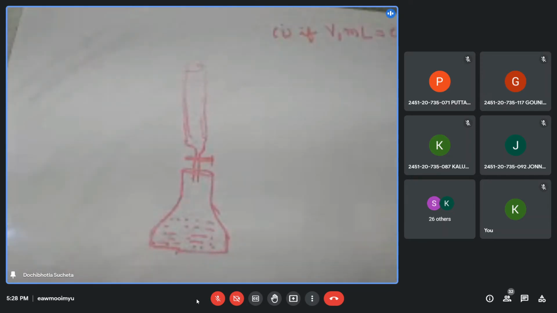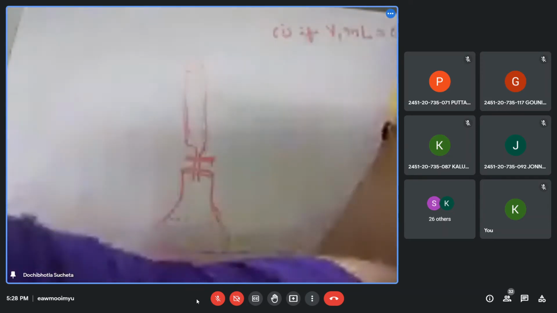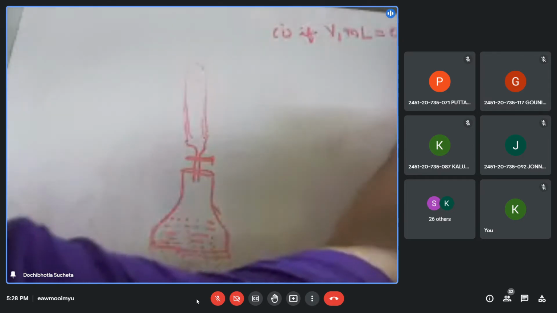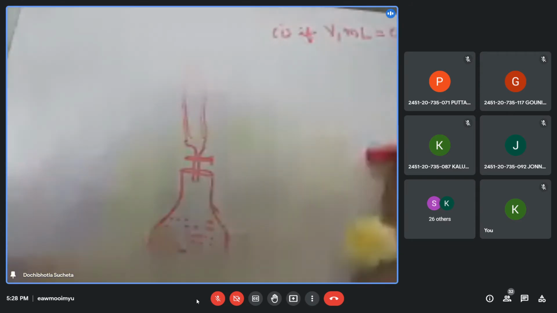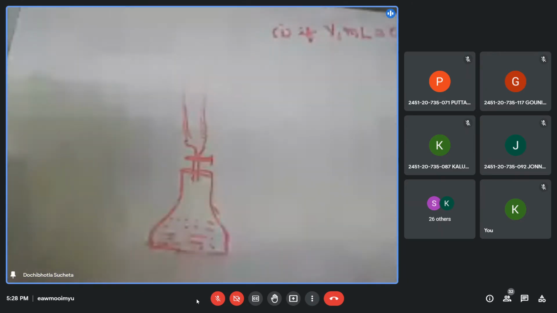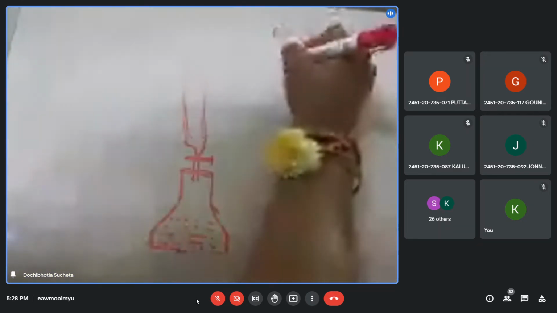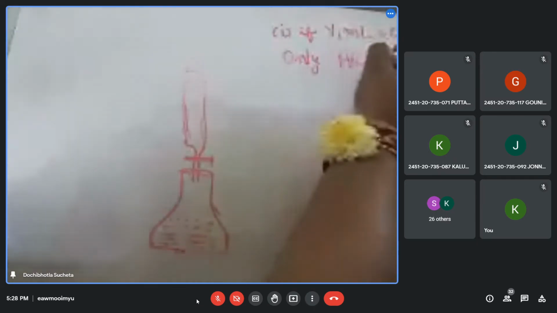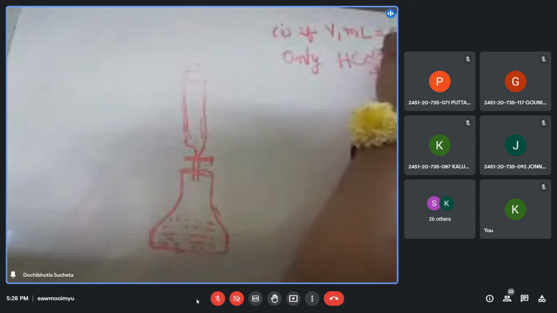If V1 ml is equal to 0, then phenolphthalein is also 0 because phenolphthalein didn't show any pink color. Then the combination is only bicarbonate. Only bicarbonate present.